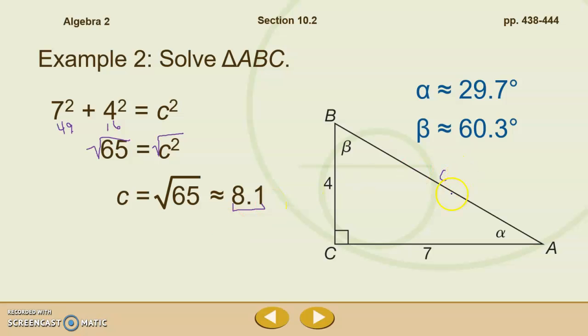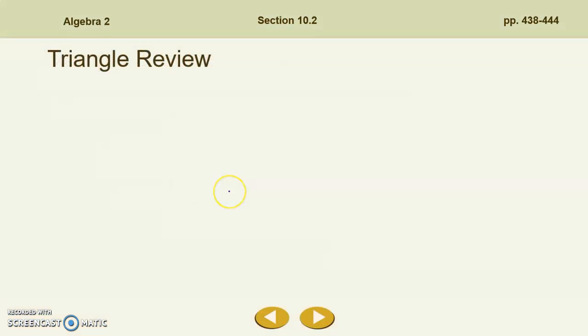All right, so we have solved that triangle. We found all 3 angles, and we found all 3 sides. In class, I'll show you another way that you could find that side using the trig ratios if you didn't want to do the Pythagorean theorem, although the Pythagorean theorem is typically what we use to find the missing side.